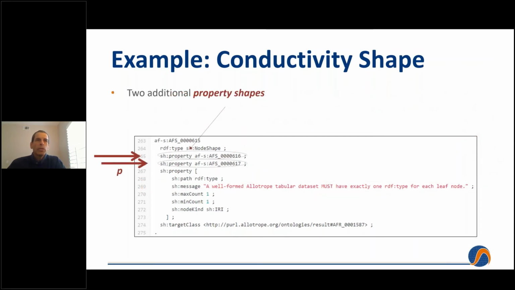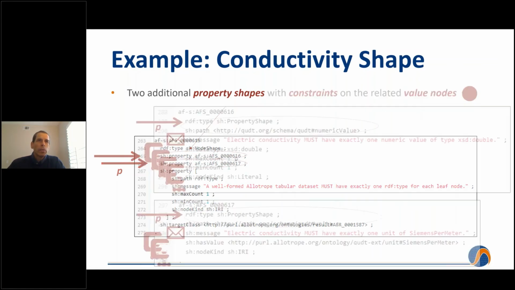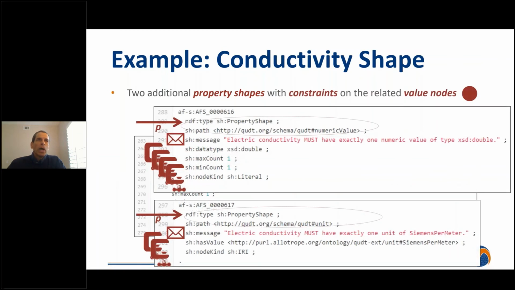So now let's look at the other two property shapes that are external and linked to this node shape. The first one is the property shape with a path numeric value. So we apply the constraint components on the value node. If you remember, the value nodes are the set of nodes that can be reached with a path P from the focus node.